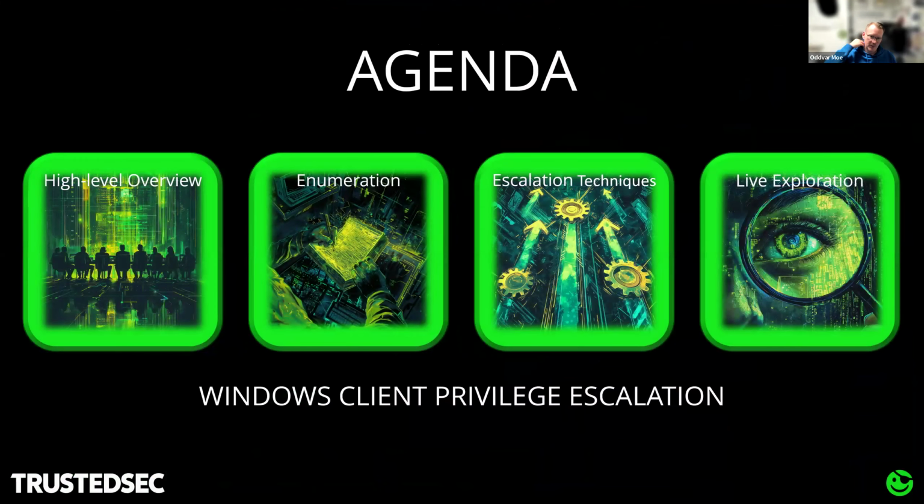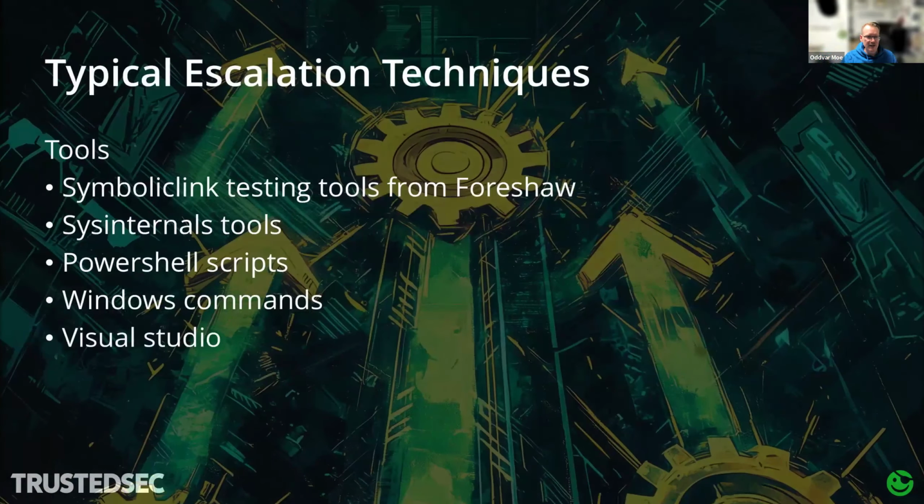All right, let's jump into the typical escalation techniques. When we look at tools that I typically use when I do escalations, I use a lot of these symbolic link testing tools from James Forshaw. These are super useful, especially there's a tool in there called SetOpLock.